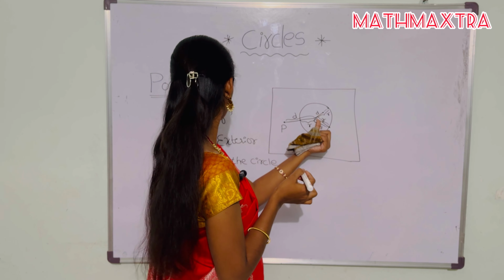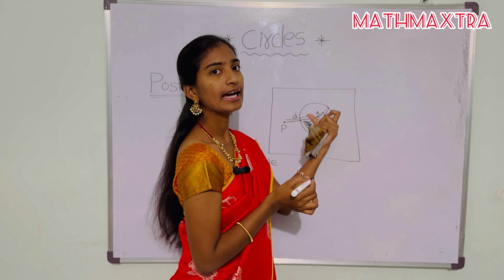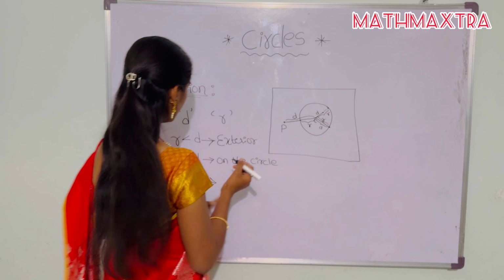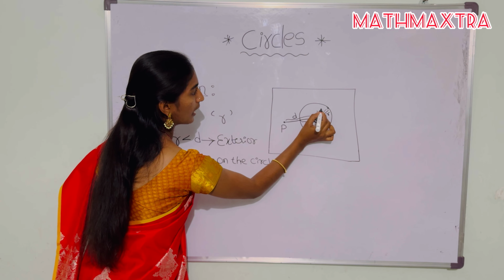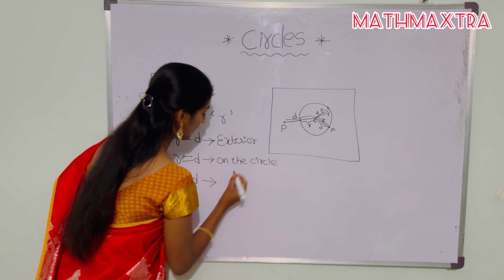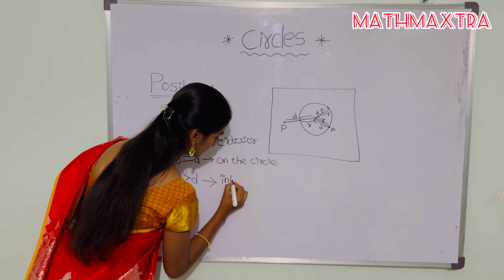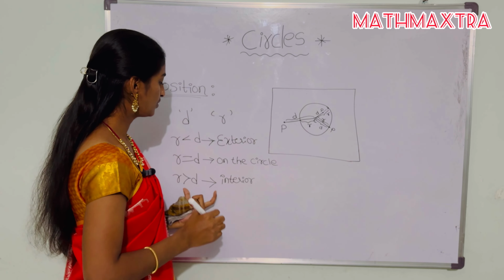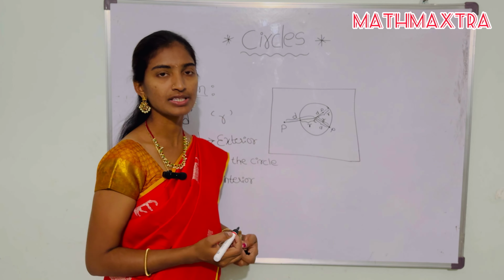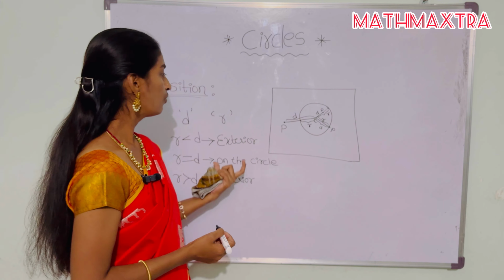Now this radius is greater than the distance D. That is why we can say that the position of the point is interior of the circle. This is how we can define the position of the point with respect to the circle.